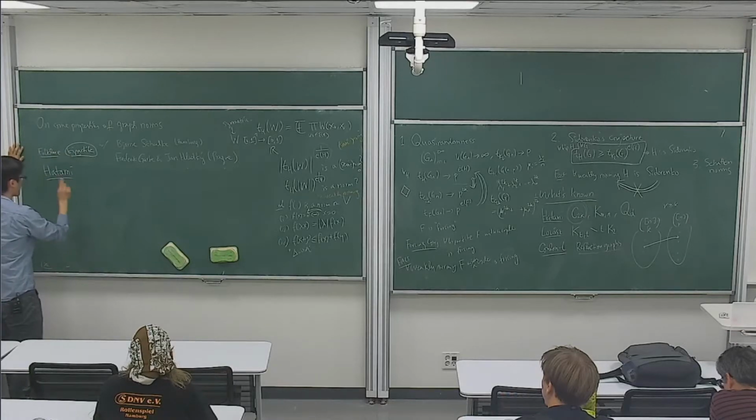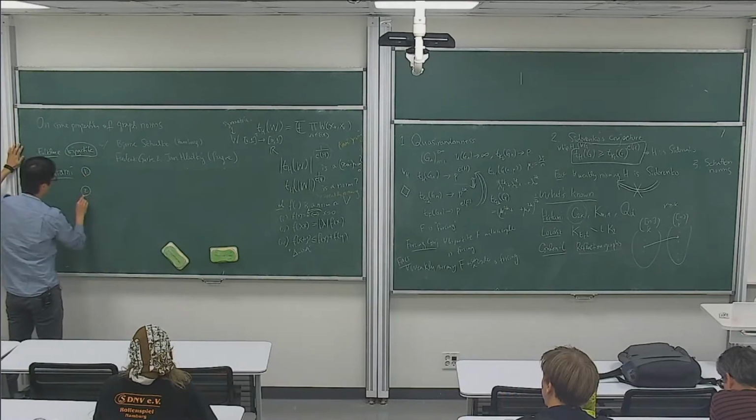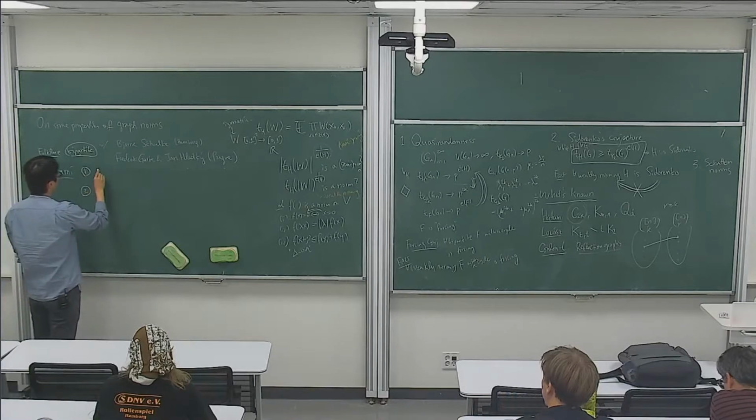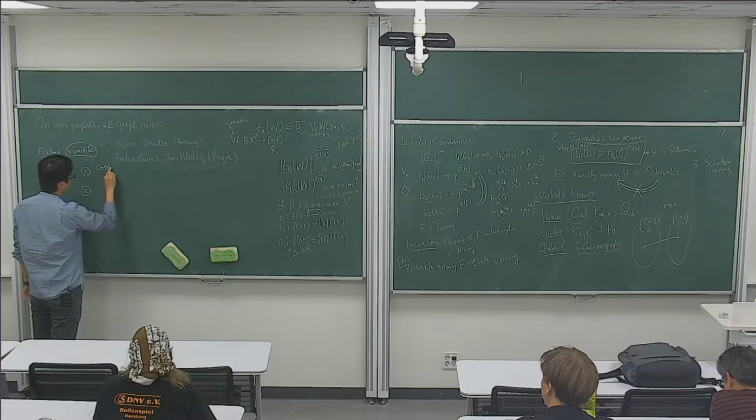And what Hatami proved is the following. Firstly, every connected weakly norming graph is balanced. He didn't really mention this connectedness, which should be corrected.